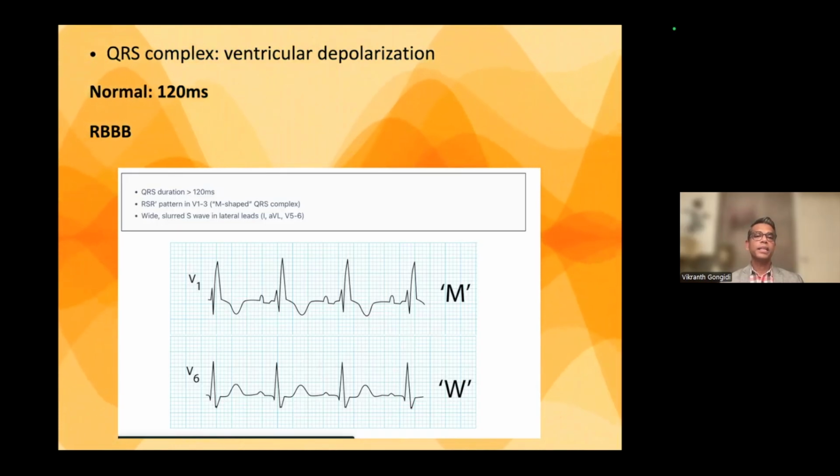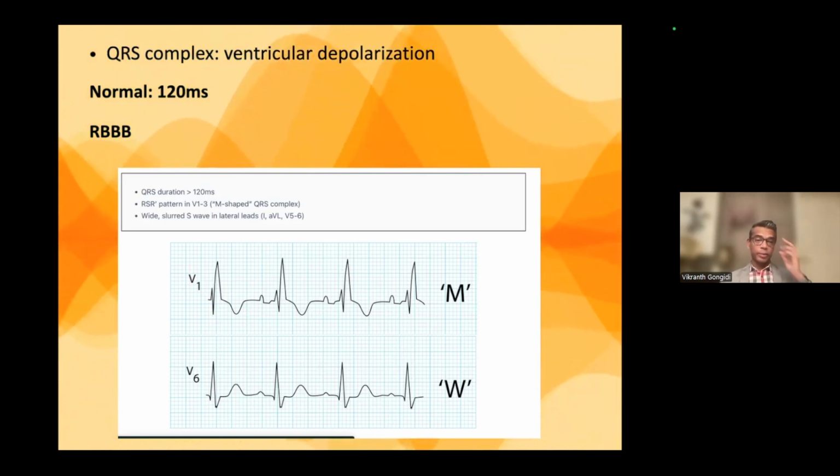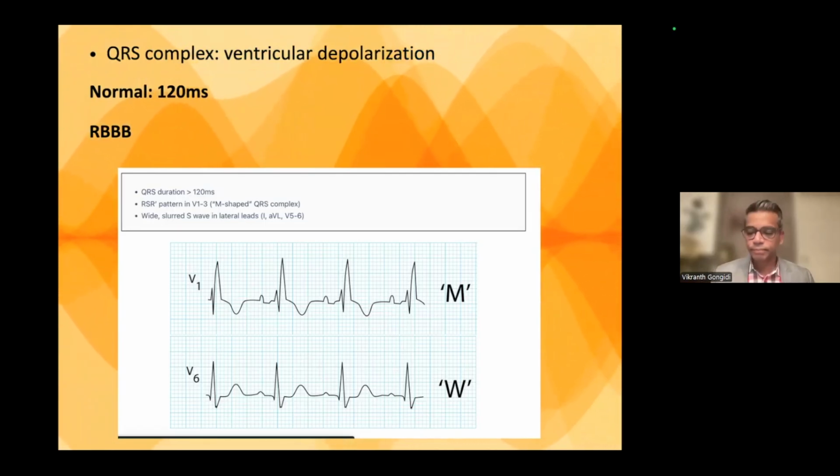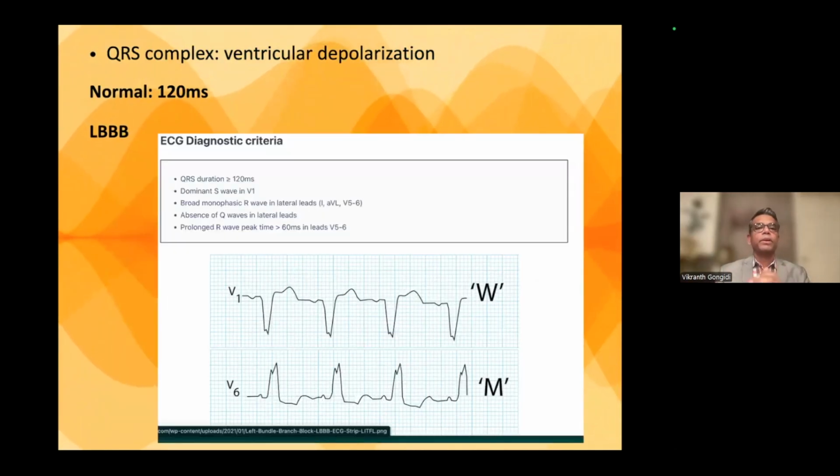You may only see a slurred S wave in the leads V6 or aVL, and that can also be a right bundle branch block. So that's something to remember. Again, it's greater than 120 milliseconds with the typical RSR' pattern. And if you have the RSR' pattern without the full 120 milliseconds, some people call that incomplete right bundle branch block.